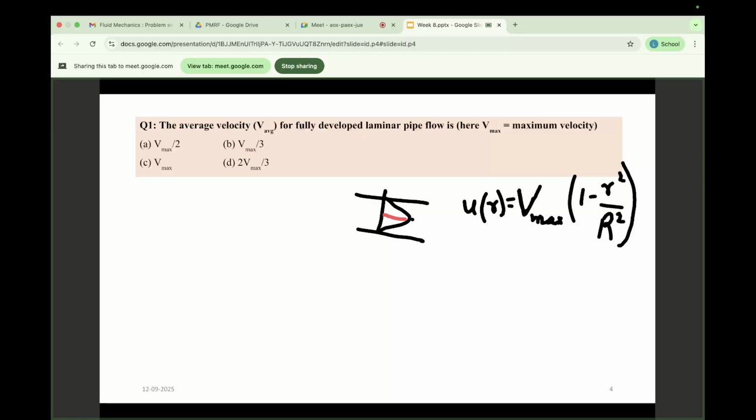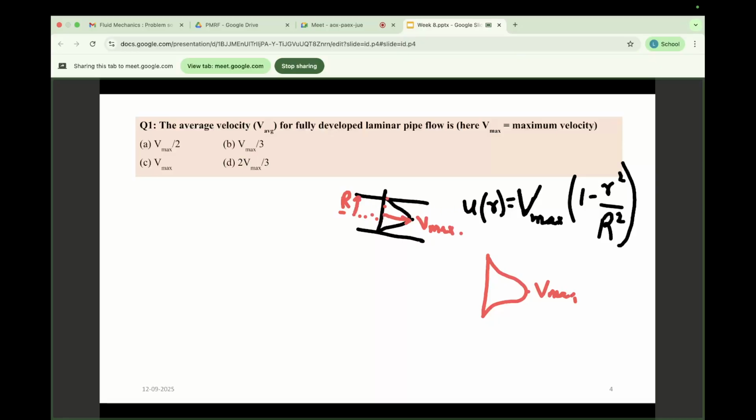Vmax is the velocity at the center. We know the velocity is maximum at the center and least at the wall, right? So this is your Vmax, and as it's a tube, if its diameter is capital D, its radius is R, right? So R is the radius of the tube, and small r means the distance from the center at which you want to find the velocity.